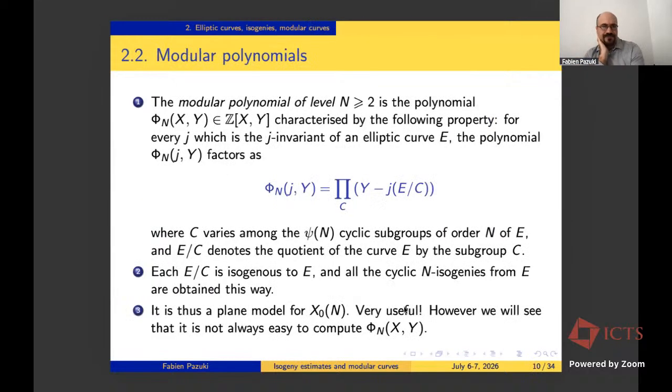Okay, so I'm going to attack the theory from another angle and define what is called a modular polynomial. And you will see right away why this is relevant. So my goal here in point one is to define a polynomial in two variables. Okay, so I have a level n, bigger or equal to 1, and I'm going to define a polynomial satisfying this property.